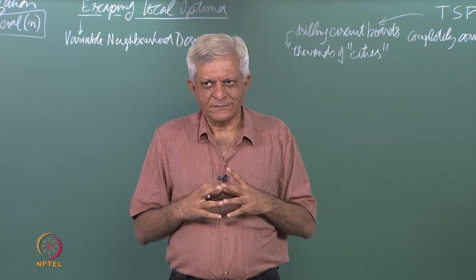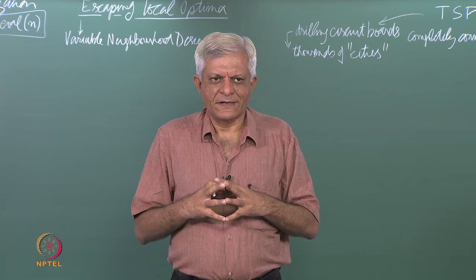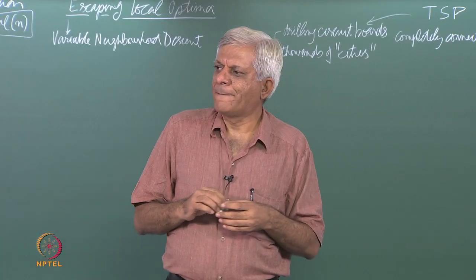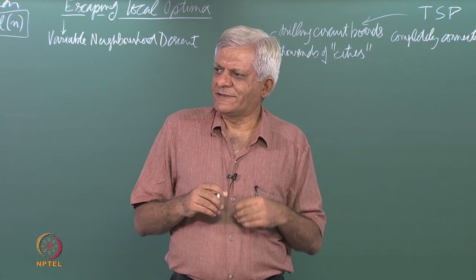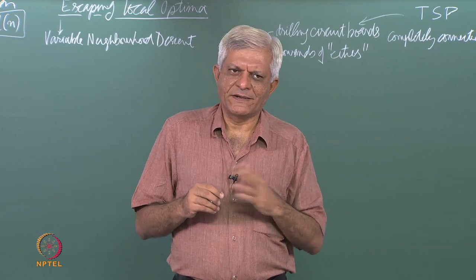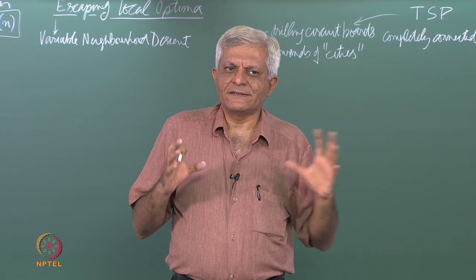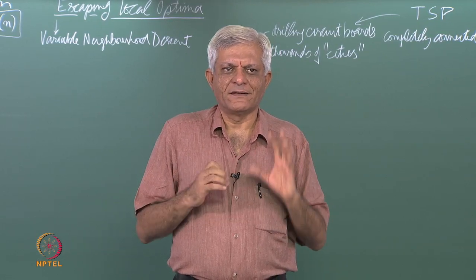Does anyone have an idea? How many particles are there in the universe at some level of detail? Yes, it is in the range of 10 raised to 75, 10 raised to 80, depending on what level you are looking at. So, the total number of particles in the universe is about 10 raised to 80.